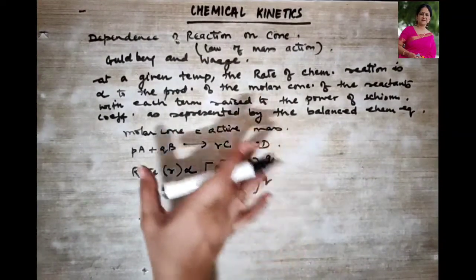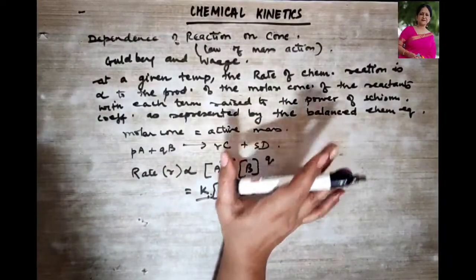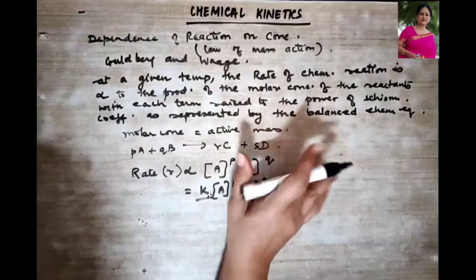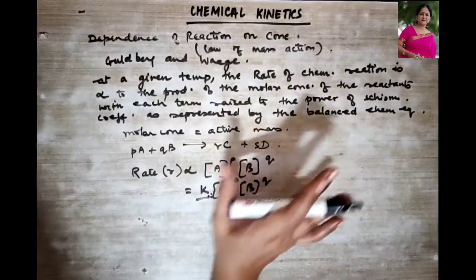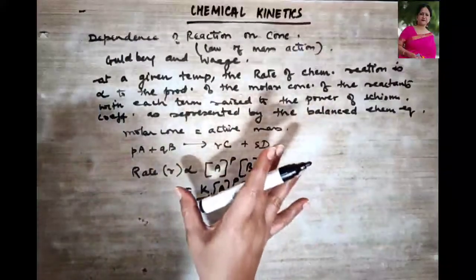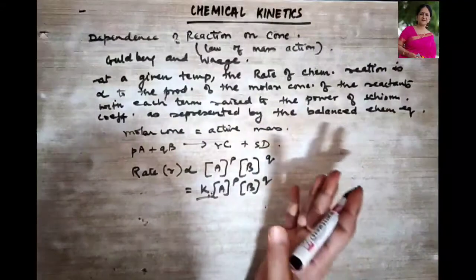So once again, to understand what we mean by dependence of reaction rate on concentration: the more we add the concentration of the reactant, the more will be the rate of the reaction, right? This chemical reaction means the collision between two molecules. The more the collisions, the more the chemical reaction proceeds to form the product.